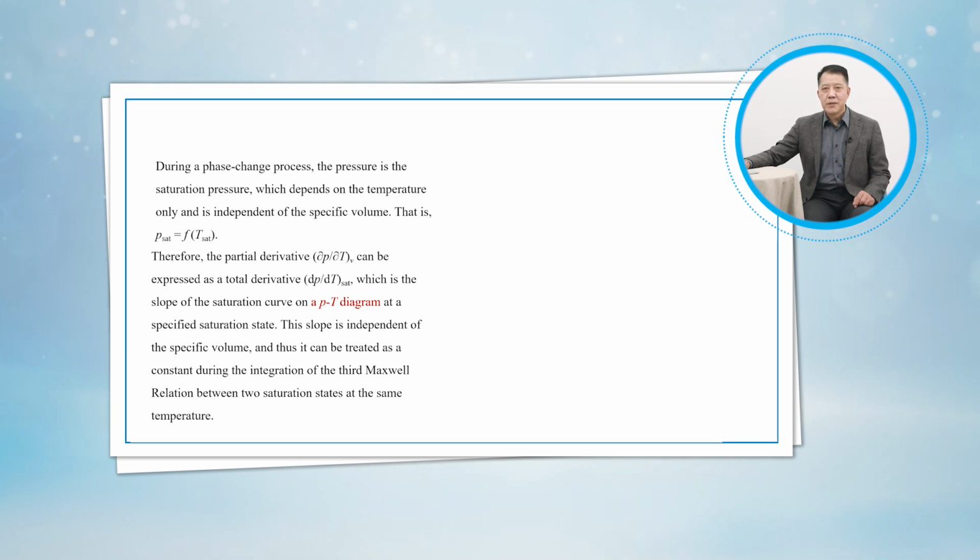This slope is independent of the specific volume, and thus it can be treated as a constant during the integration of the third Maxwell relation between two saturation states at the same temperature.